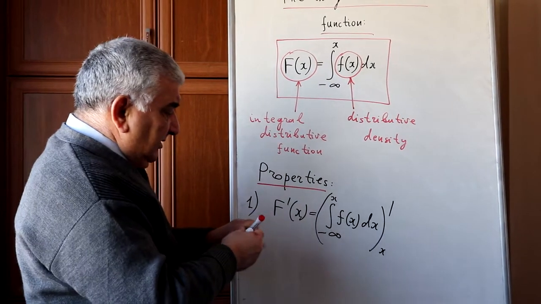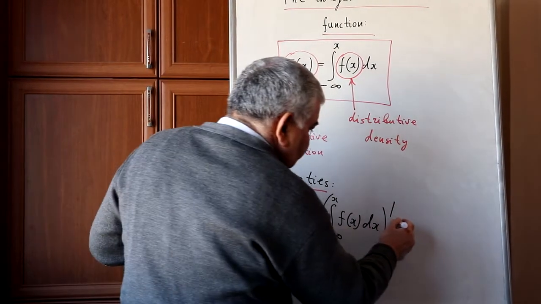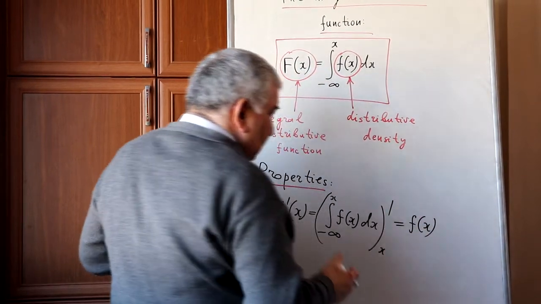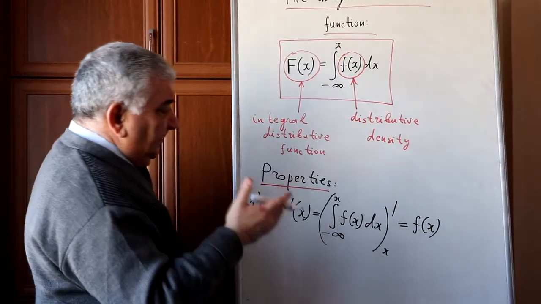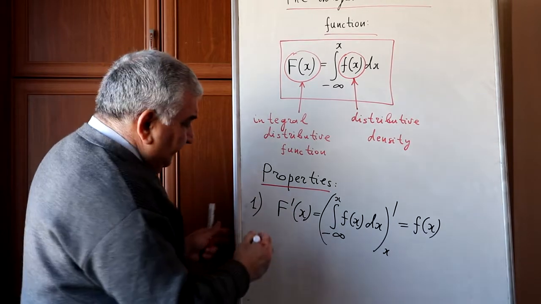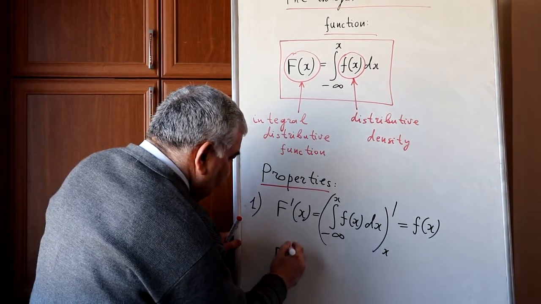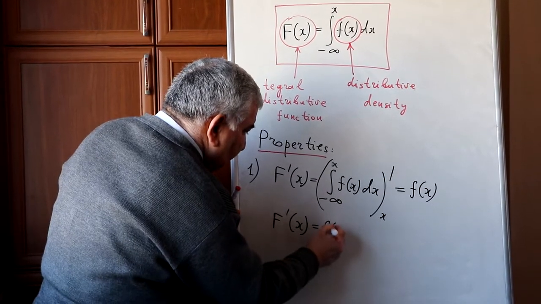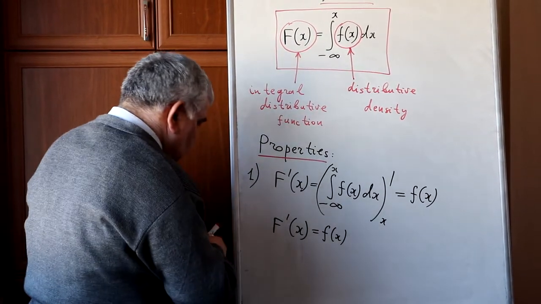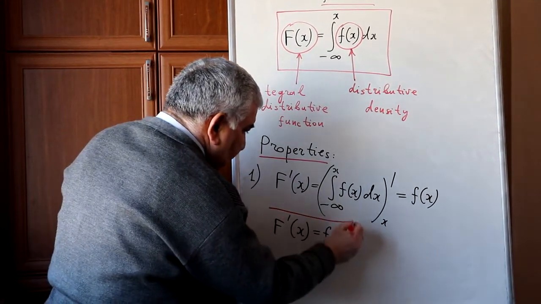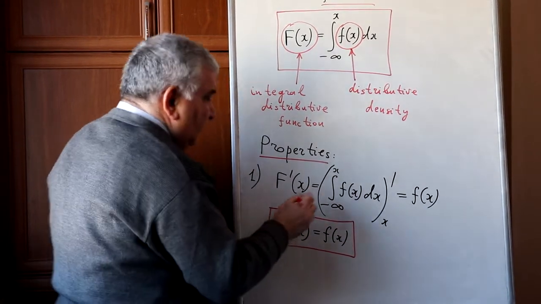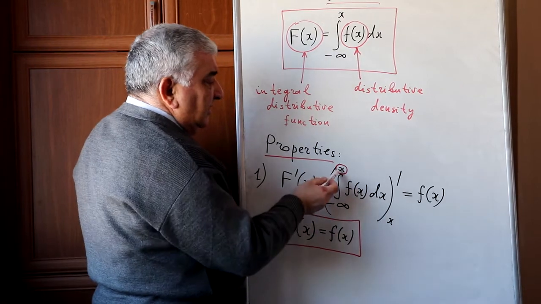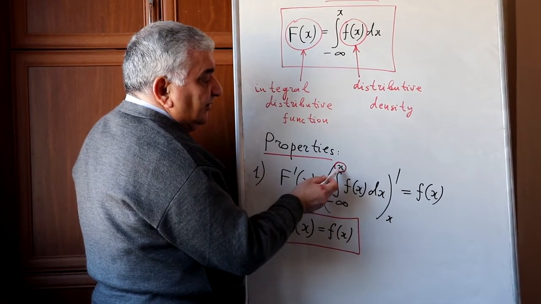That is, it is f little of x. And here we obtain another formula. F prime of x equals f little of x. This uses that the upper integral limit is a variable quantity.